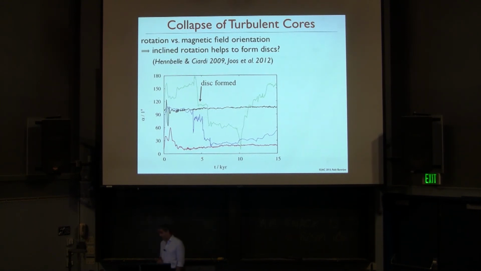Another proposal was made by Patrick Hennebel, looking at the angle of your magnetic field and the spin of your disk, or in this case, the spin of the initial core. You can ask whether, if they are misaligned, it helps quite a bit to build up a disk.